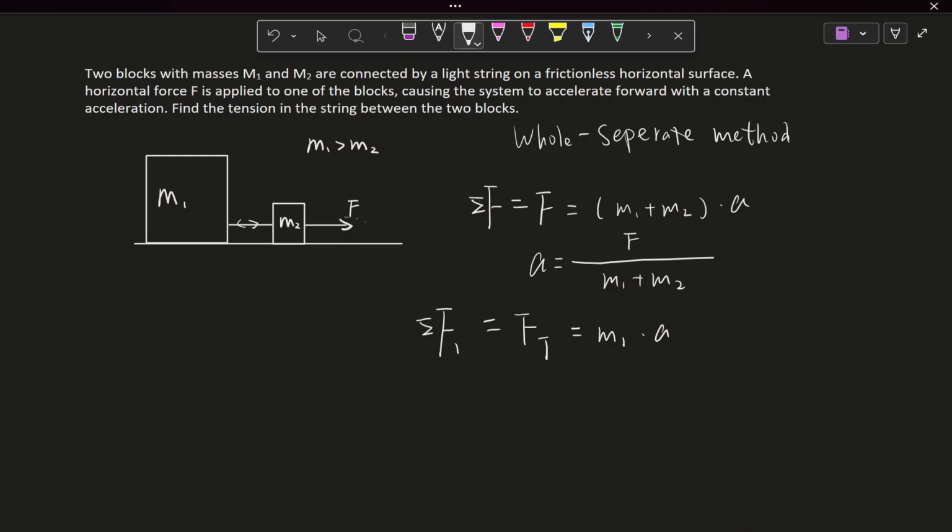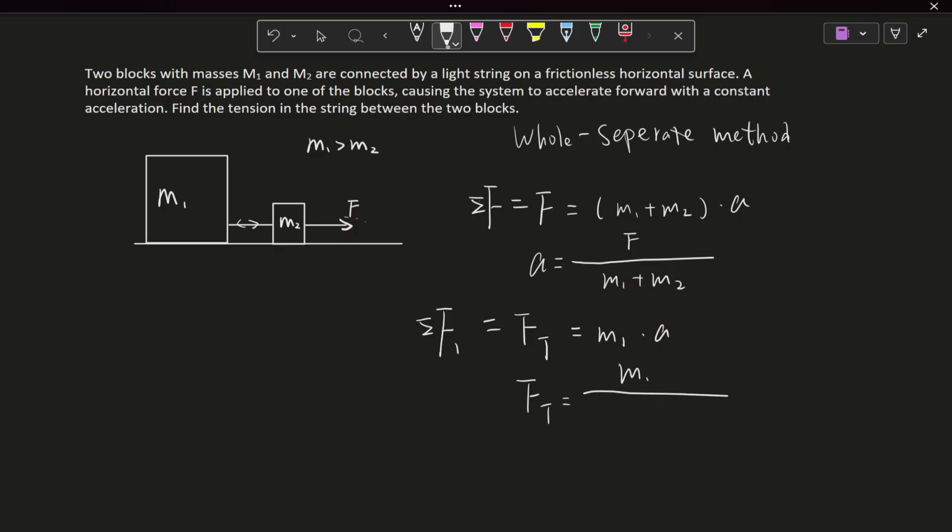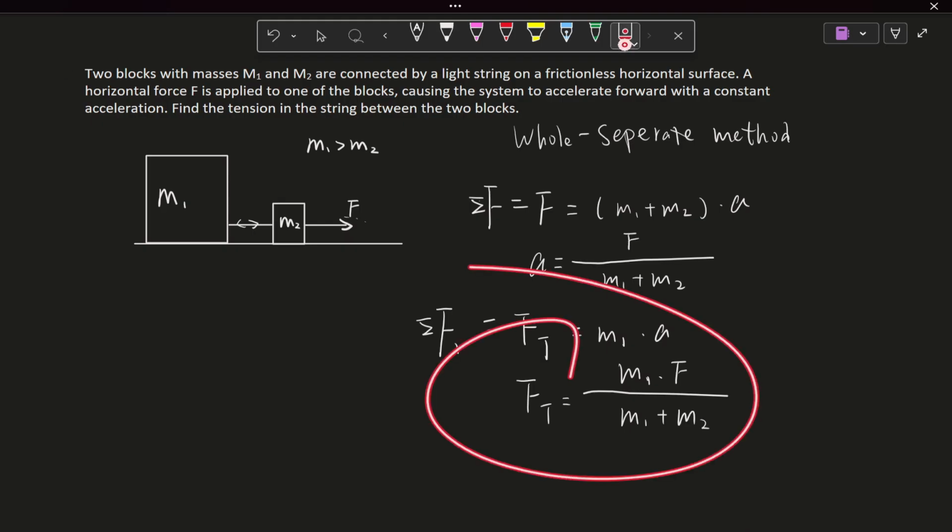So then you can find Ft just by plugging in the acceleration over here. So now let's find Ft. Ft is equal to m1 times F over m1 plus m2. So this is your answer.